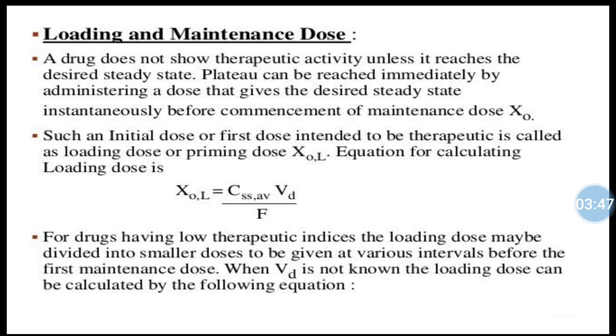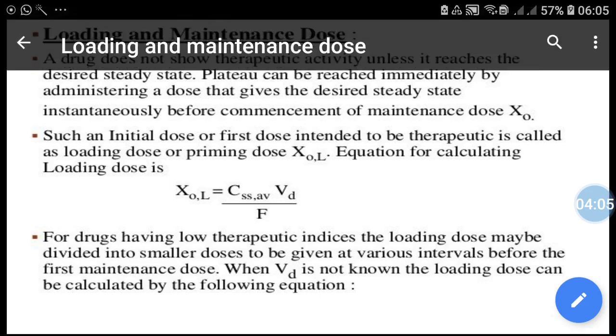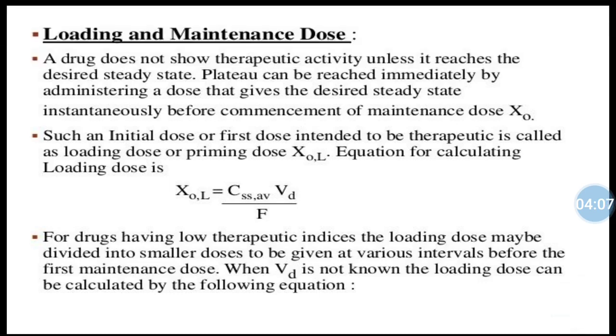So such an initial dose is known as loading dose. Loading dose can be calculated by the equation given below. Loading dose is equal to the average steady state concentration multiplied by volume of distribution divided by fractional bioavailability.